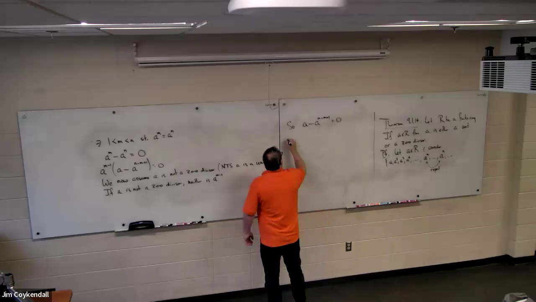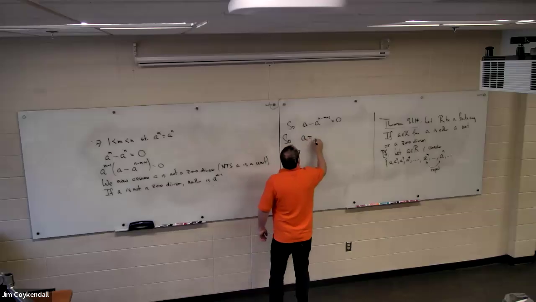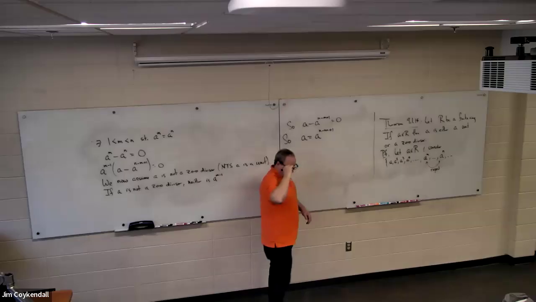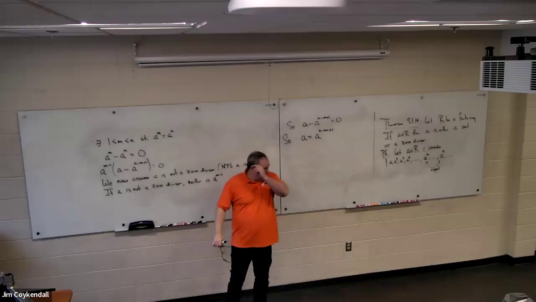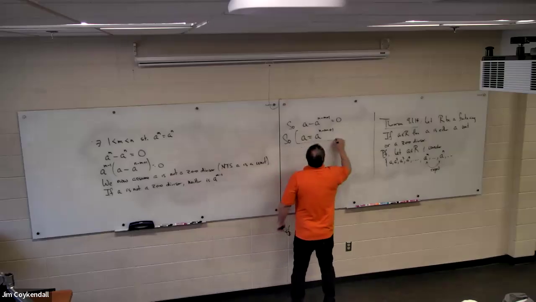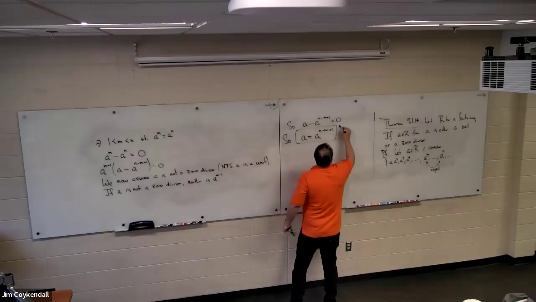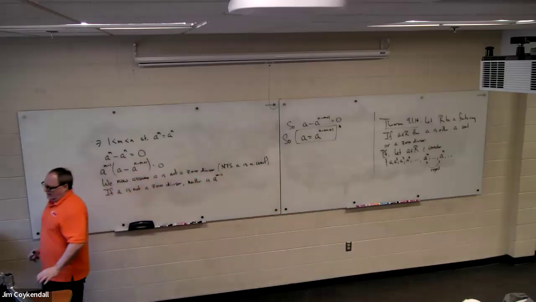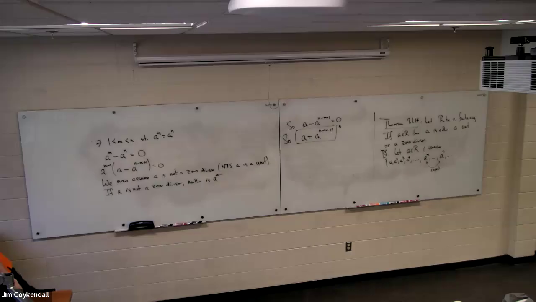Zero. So A is equal to A to the N minus M plus one. Now I'm going to use this. I want to identify the identity.